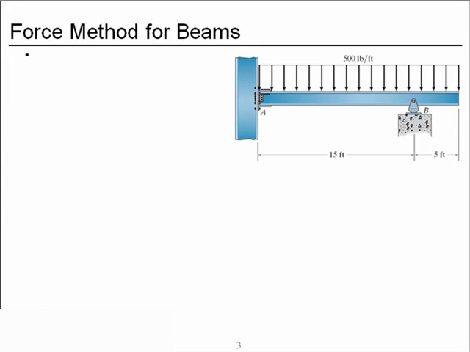So let's get started. We'll begin by finding an approximate answer. To do that, we'll take it in a couple of parts. I'm going to start by talking about the vertical support reactions.